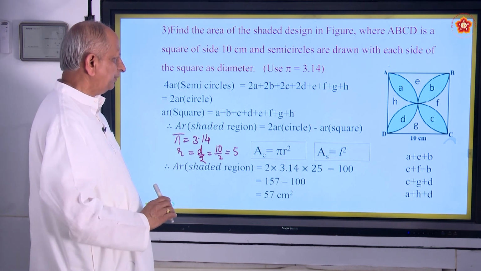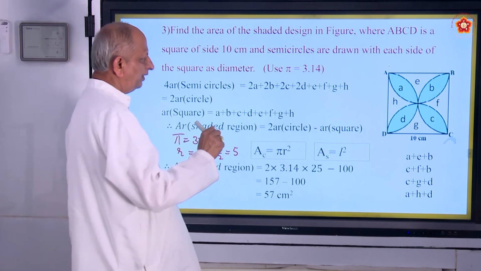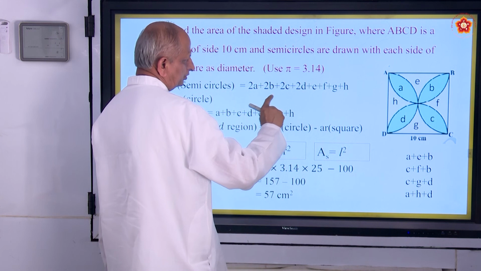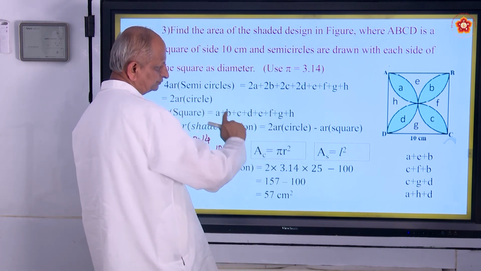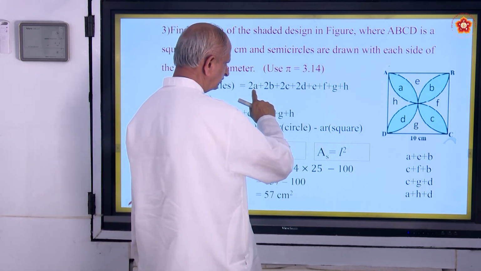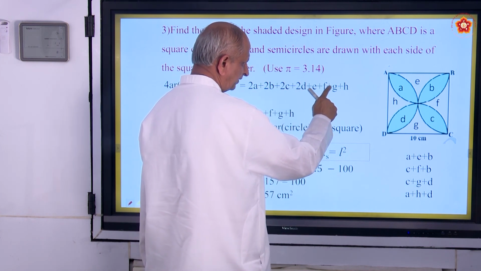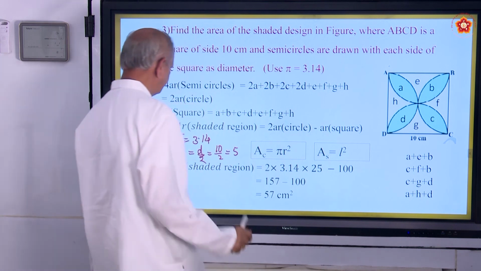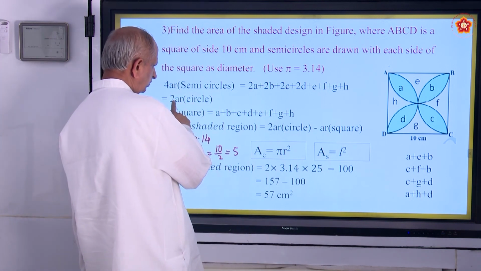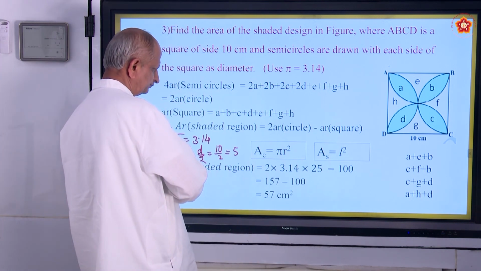So once again I will repeat what you have done. 4 semicircles. The total becomes 2a plus 2b plus 2c plus 2d plus e plus f plus g plus h, which is equal to 2 times area of a circle.